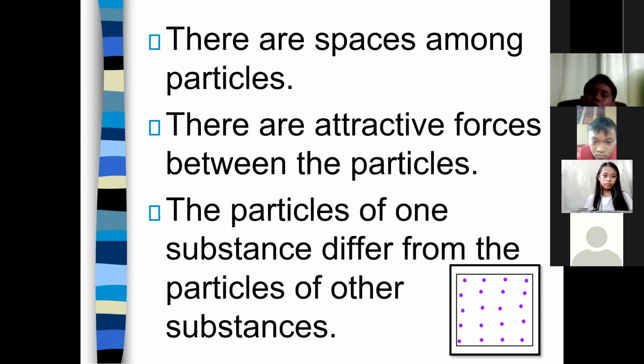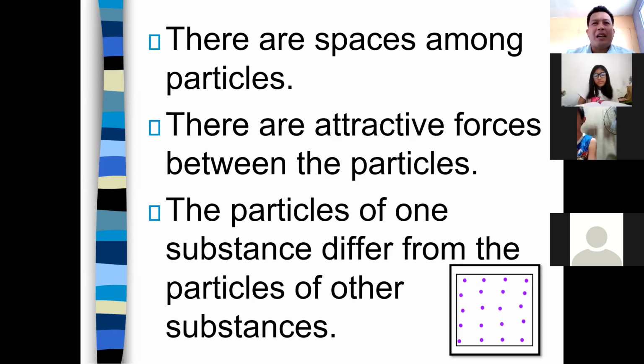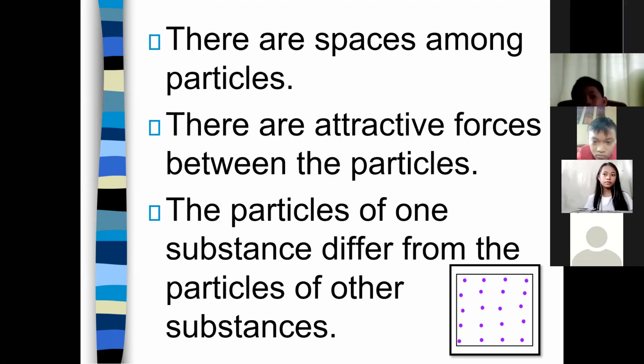The air that we breathe is a mixture of everything in the atmosphere. It could even contain dust particles. It could even contain the famous virus that we have right now. So it's a mixture of everything in the atmosphere. That is why we have protective measures to prevent these harmful chemicals from going into our respiratory system. No?